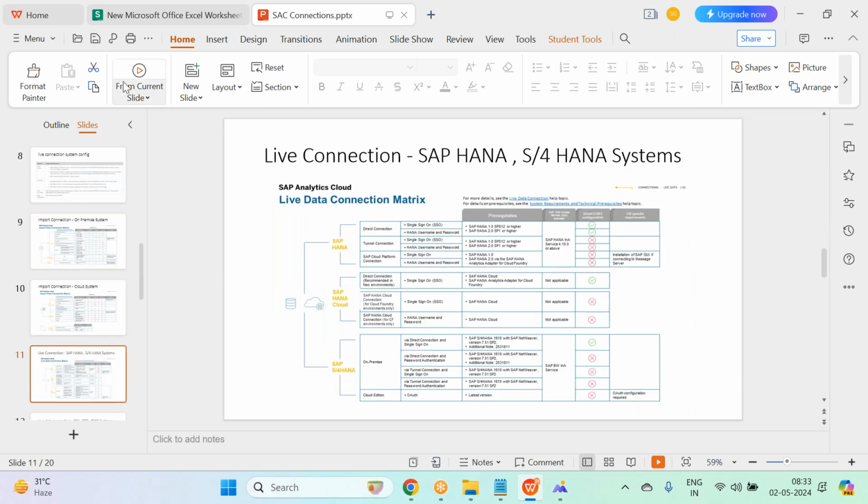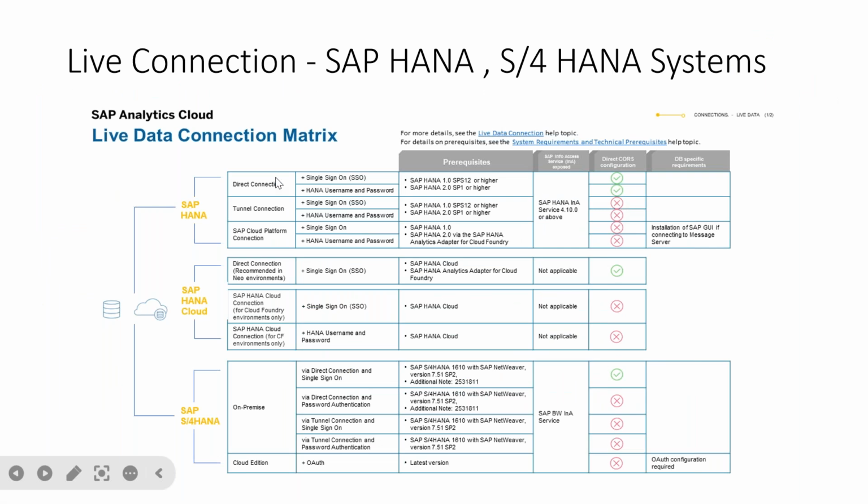For live connections, let me show you what configuration we need. If you have SAP HANA as an on-premise system and you're making a direct CORS or tunnel connection. If your HANA is in a cloud platform, you don't need a CORS config. You can directly connect to cloud platforms.